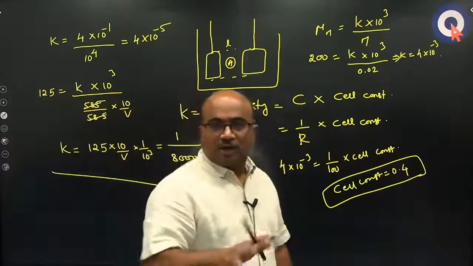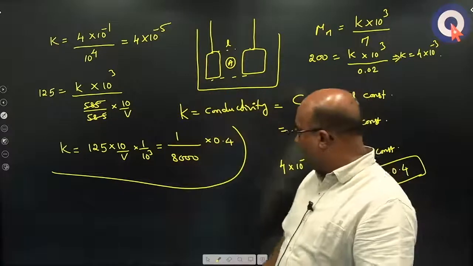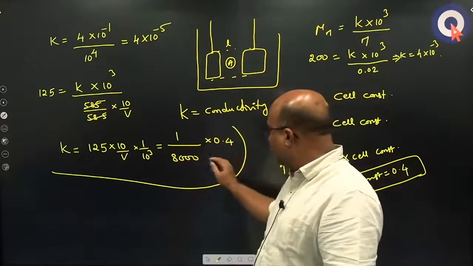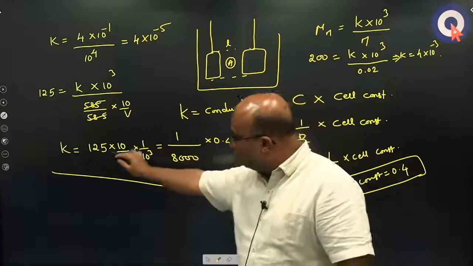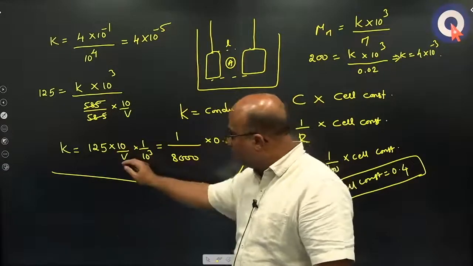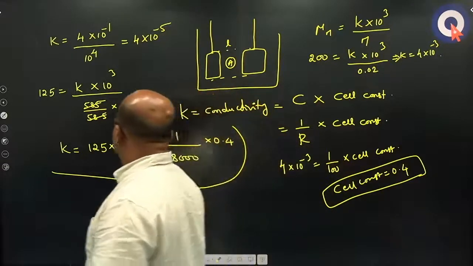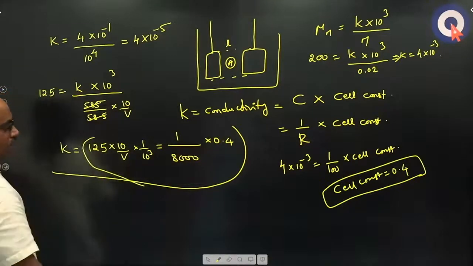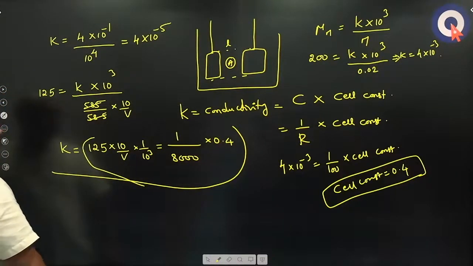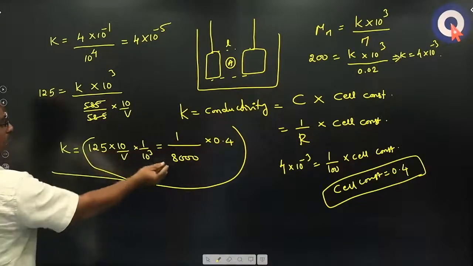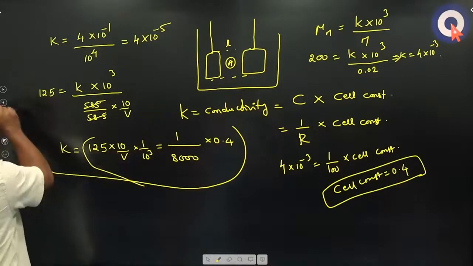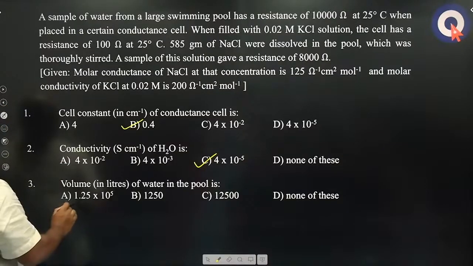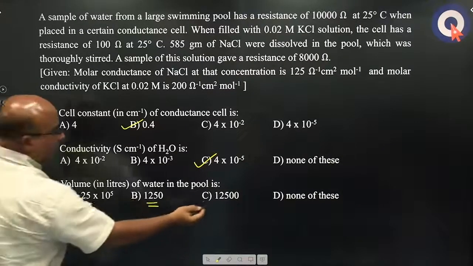But I think the options are actually given wrong there. Because you are getting this as 2 times, the volume comes 2 times, so it will be around 2500, that is 2 times this. Okay?